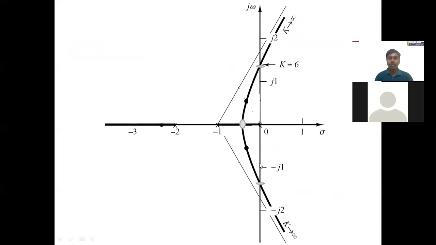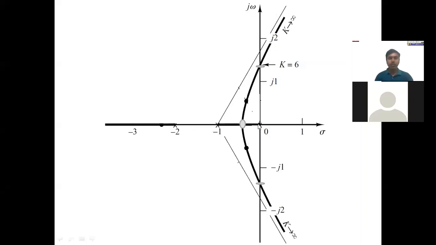So plus is here, minus is here. So the root locus starts from this pole, diverts at this breakaway point, follows this asymptote, touches the imaginary axis at that point and reaches infinity as k tends to infinity.